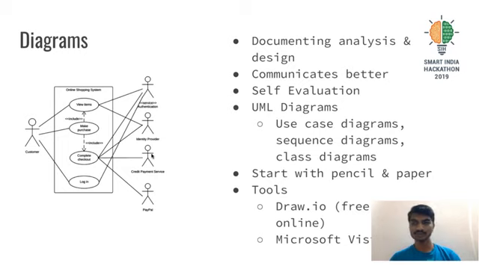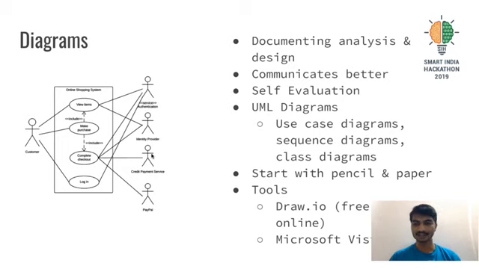To work with these diagrams, it is not necessary to go with bigger tools. Just starting with pen, pencil and paper is more effective than some other tools, because it's very rough and very quick, and you can just draw it, erase it and redraw it.